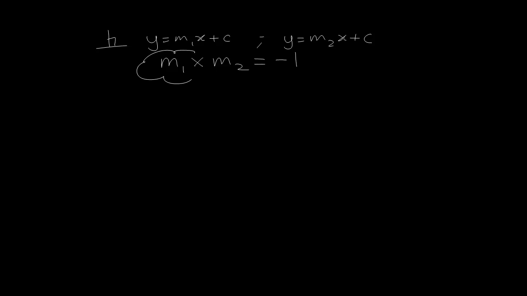This is definitely one to remember. The parallel one is fairly obvious, it's logical that the two gradients would be equal if they're parallel. But for them to be perpendicular, in other words meeting at right angles, the product of the two gradients has to be -1.